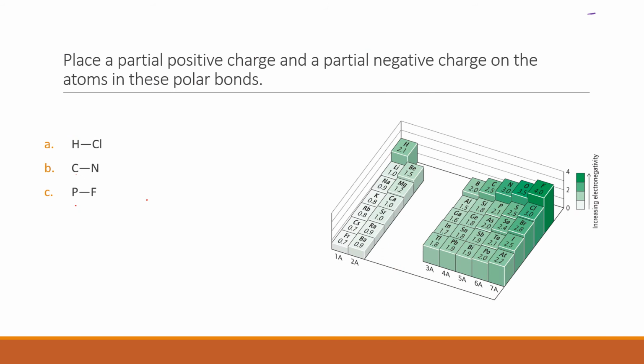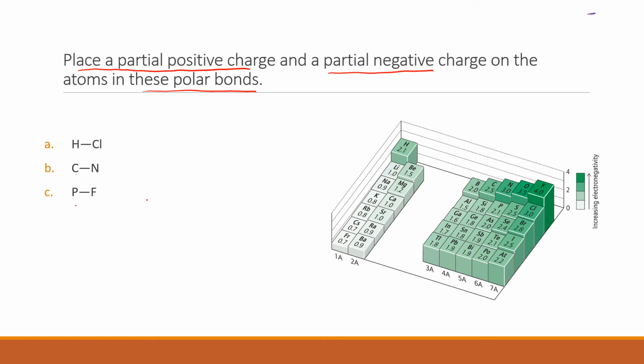Let's solve this problem. Place a partial positive charge and partial negative charge on the atoms in these polar bonds. So all of these are polar bonds. We can determine that they are polar by looking at the electronegativity difference between the atoms.